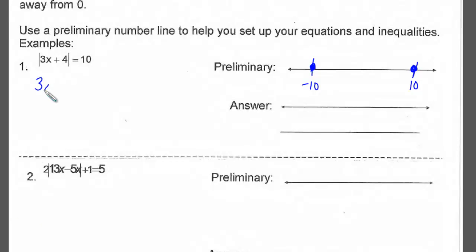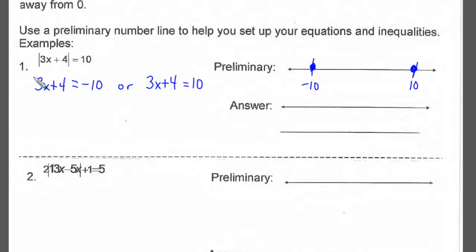The first equation will be 3x plus 4 is equal to negative 10, or the second equation will be 3x plus 4 is equal to positive 10. We just bring down the 3x plus 4 in both equations. The first equation will always be set to the negative, the second will always be set to the positive.